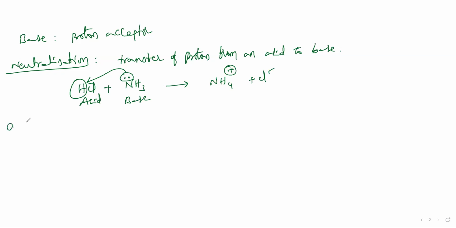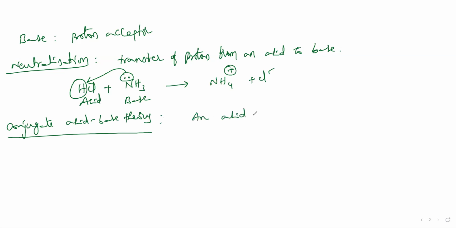Then conjugate acid base pair. So this is one area where there is a probability of getting a question here. So what is conjugate acid base theory? According to conjugate acid base theory, an acid base pair which differ by a single proton.